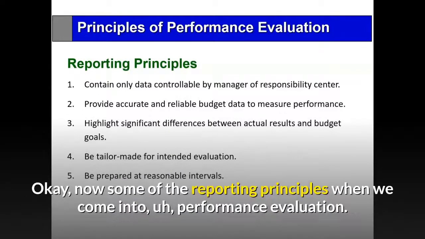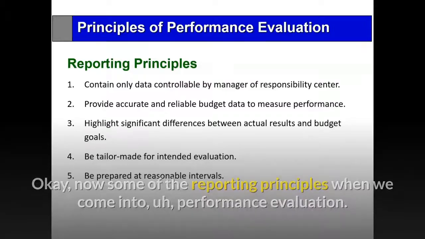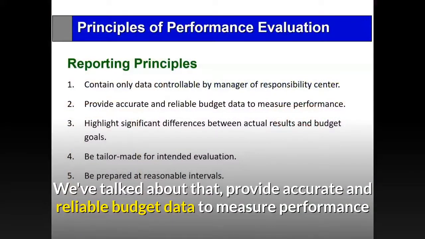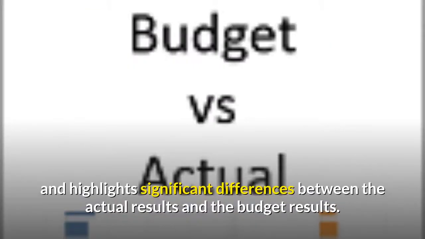Okay. Now, some of the reporting principles when we come into performance evaluation. First of all, the report should contain only controllable data. We've talked about that. Provide accurate and reliable budget data to measure performance, and highlight significant differences between the actual results and the budget results.